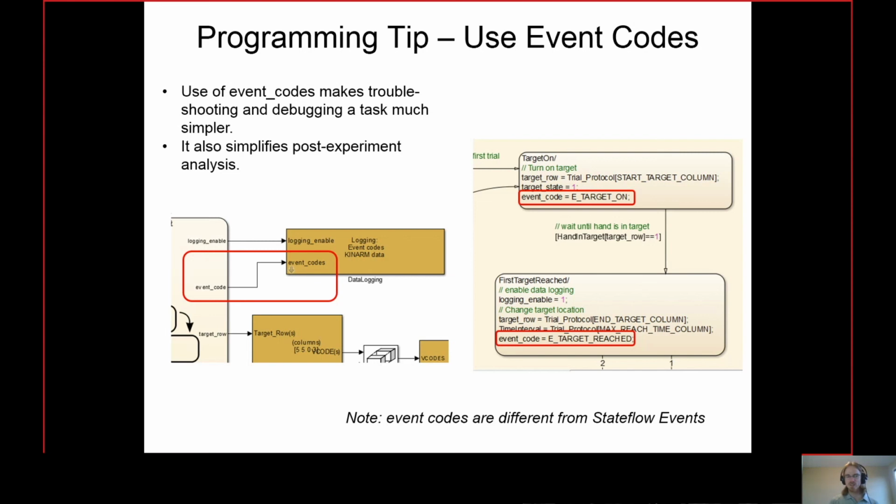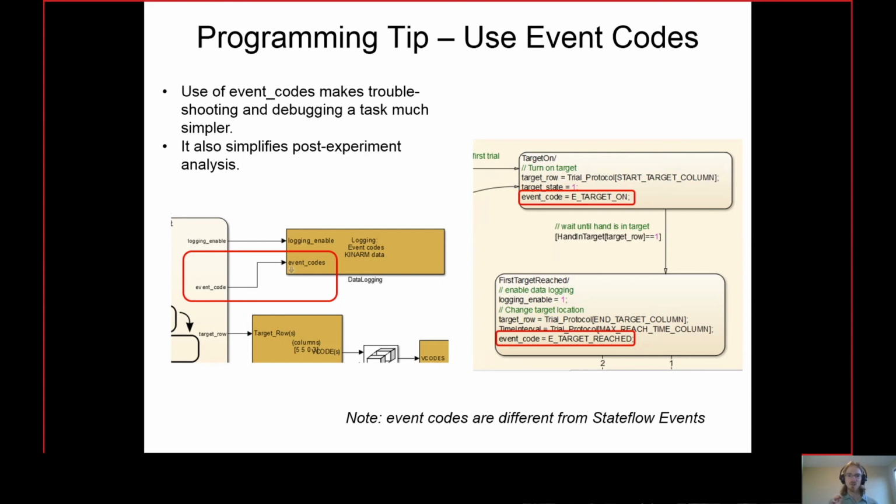So it gives you ways to say in your analysis, okay, I don't care about anything that happened before the perturbation started, so I only need to start searching for whatever's interesting to me as of this particular time point. Without these sorts of event codes, it's at least incredibly difficult to determine those sorts of things.